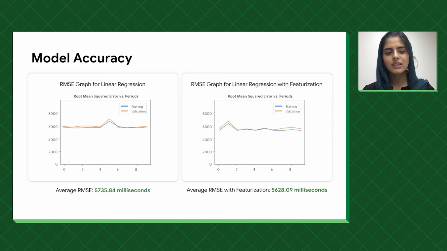And then finally, you see that the difference between the error with feature crossing and without feature crossing is not that significant. It's really only 100 milliseconds. And that tells us that the relationship between file type slash prefix and CPU time likely is linear.